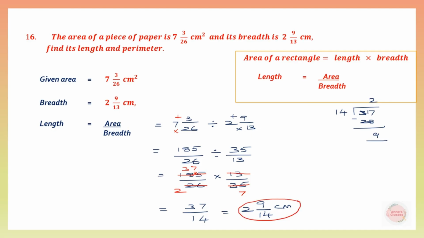So once again, here we were asked to find the length and we found it to be 2 9 by 14 centimeters. Now we're going to find the perimeter. So let's write that. Area is already given to us. Breadth is given. Length is what we just found out, 2 9 by 14 centimeters.